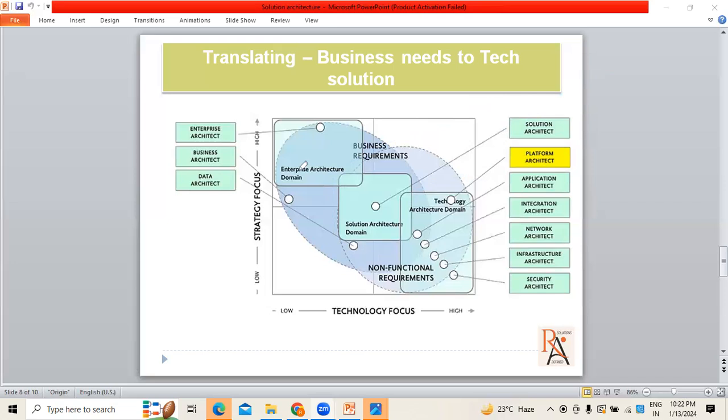Okay, right. So this is where the solution architect comes in, and how we translate this into solution architecture. Now, if you want to develop solution architecture, first of all, we must have an idea of high level designs and low level designs.